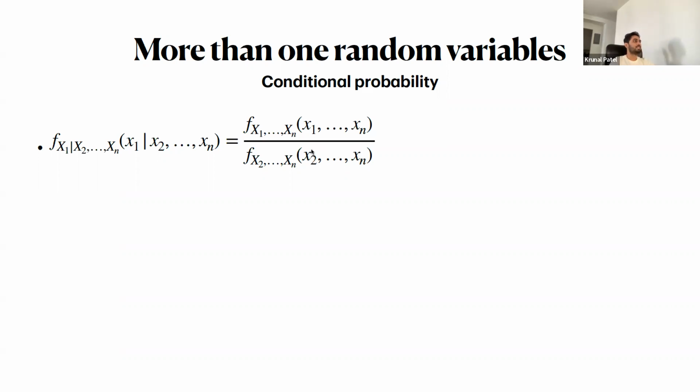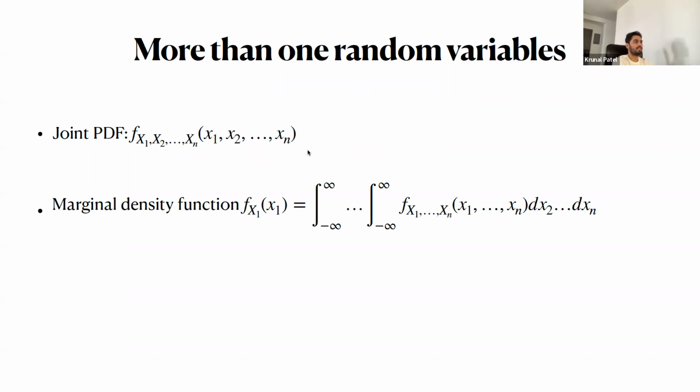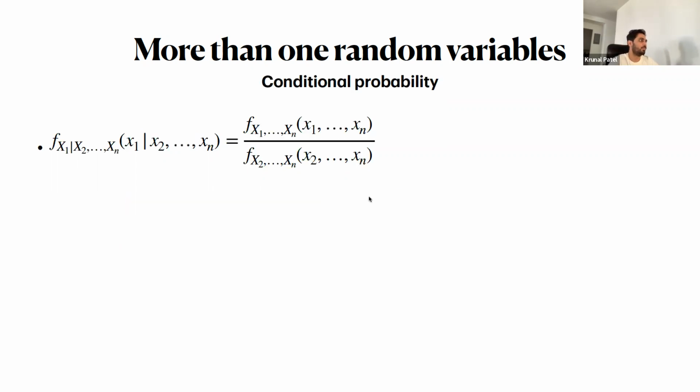So if you just do the exact same thing that we did earlier, where we wanted to find x1, so we integrated with respect to everything else, and here on the other side, we want to find everything else, so we integrate with respect to x1. Right. So when we do that, we get the total outcomes, and our favorable outcomes is given by the joint distribution function directly. So it is like x1 is taking value x1 and x2 to xn are already taking those values. Right. So this is how you calculate the conditional probability.